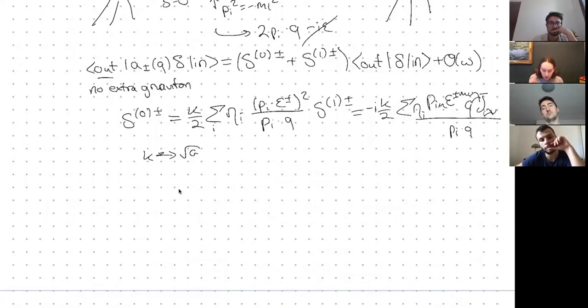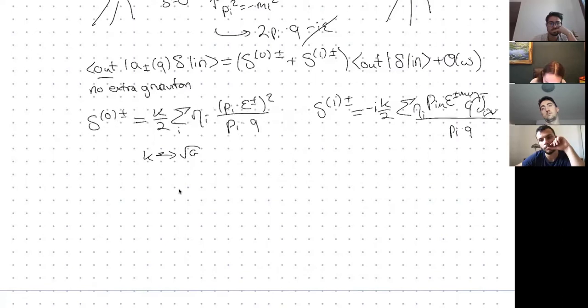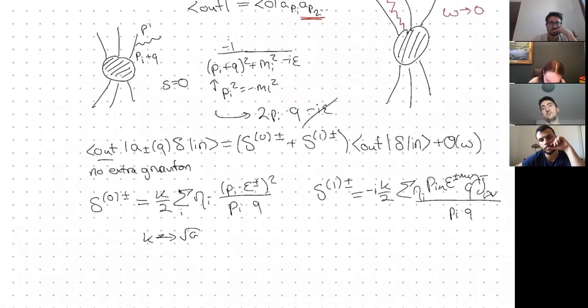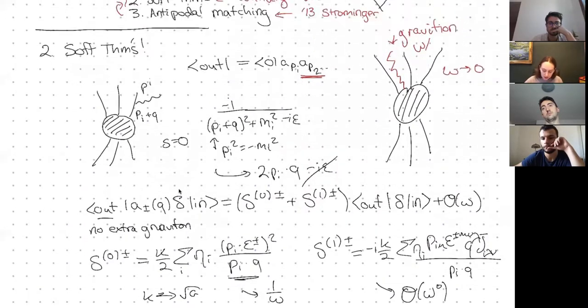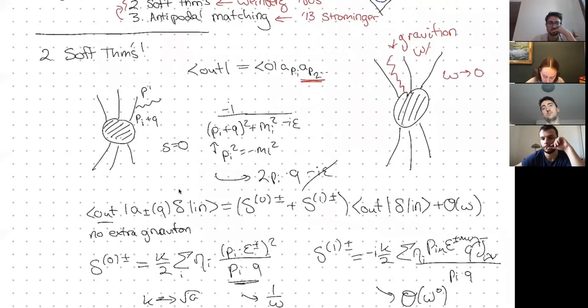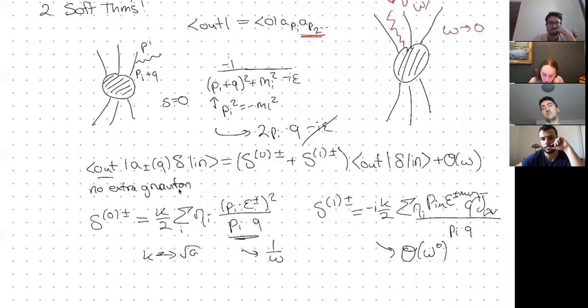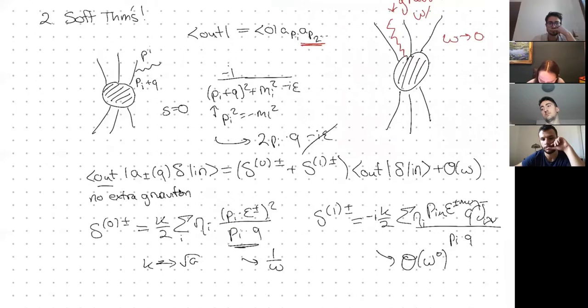So what I have right now is the claim that what we were showing diagrammatically here is that this guy basically goes like 1 over omega. This guy will go like order omega to the 0. So the contribution that is easiest to motivate is this leading guy, that it will be a pole in 1 over omega.